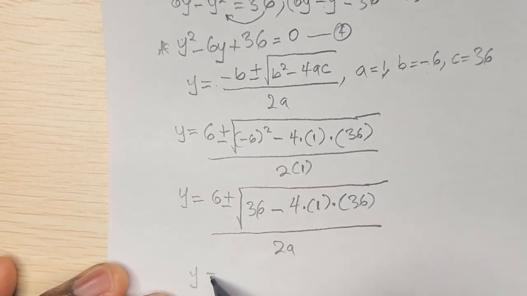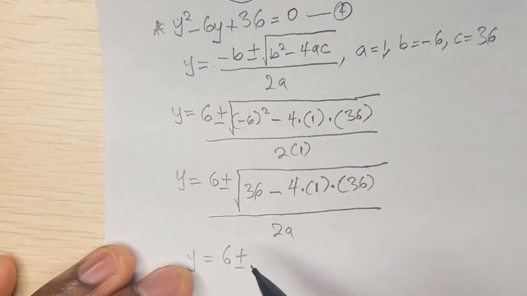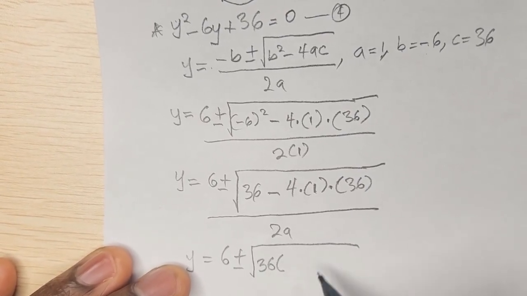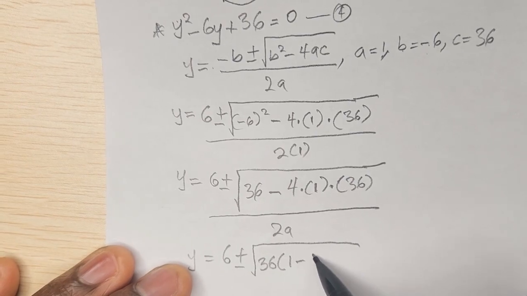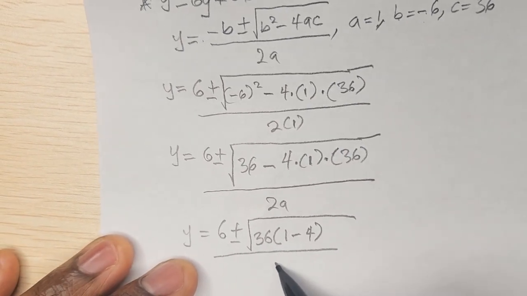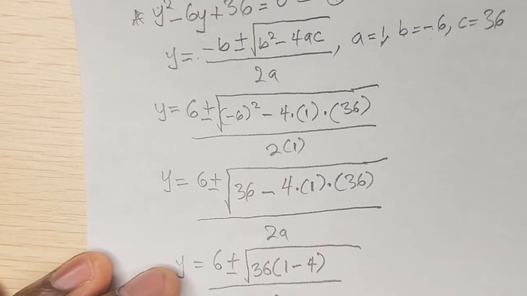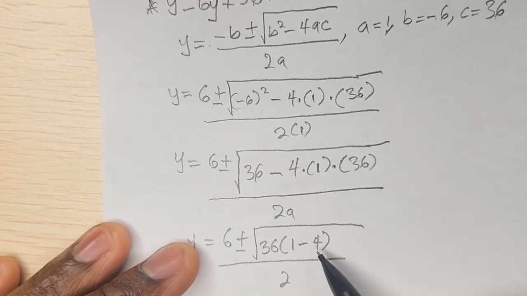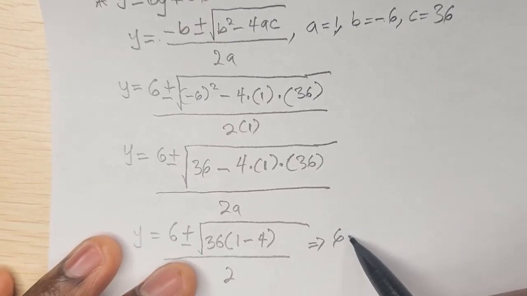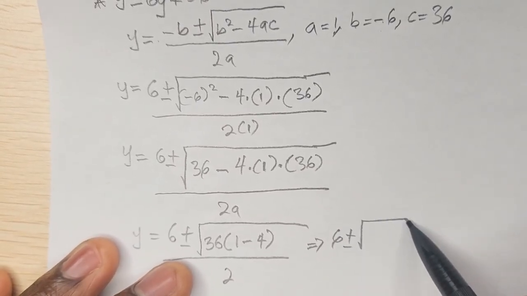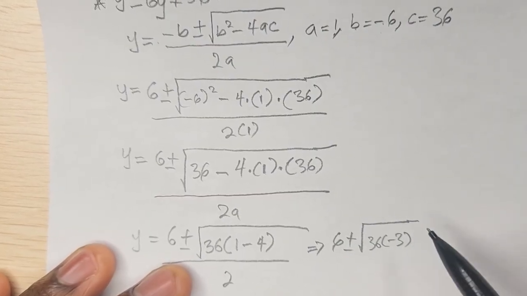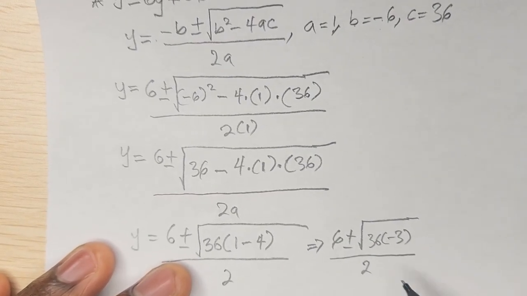So y equals 6 plus or minus the root of 36 times 1 minus 4, divided by 2, which becomes 6 plus or minus the root of 36 times minus 3, divided by 2.